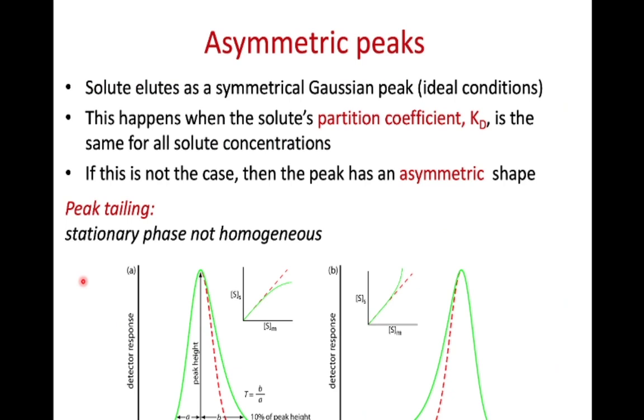We can have peak tailing, which is where the stationary phase is not homogeneous, as you can see in this example. Or we can have peak fronting, which is where the stationary phase is overloaded, as you can see here.